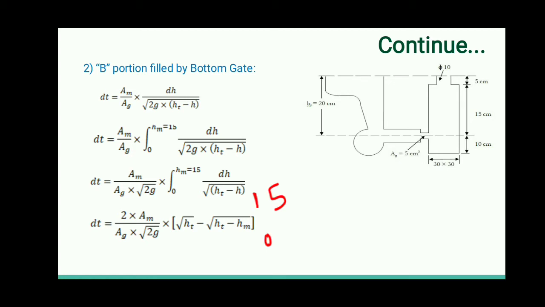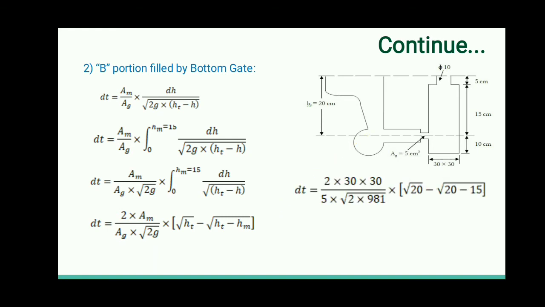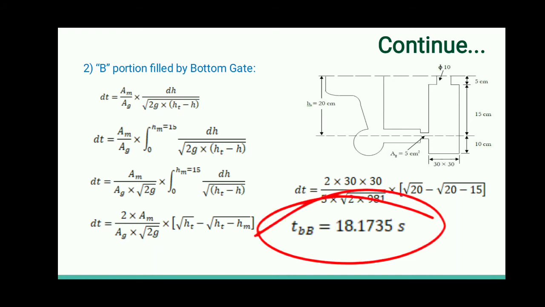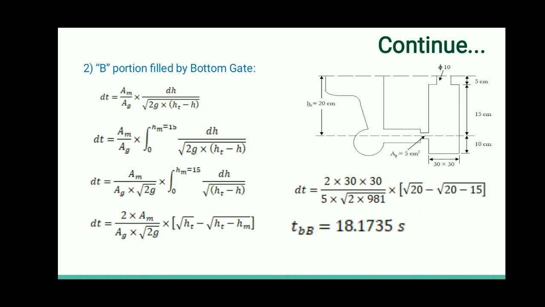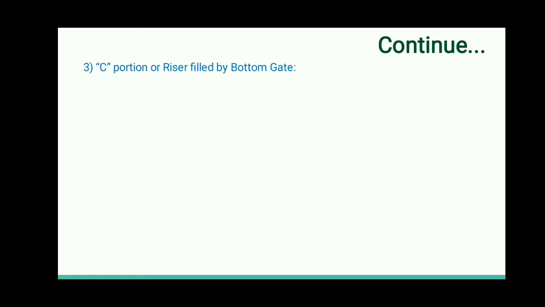The total height HT is 20 centimeter and hm is 15 centimeter. When you put these values, we get TB, the time required to fill the B section using the bottom gate, that is 18.1735 second. Fine. Next we are filling the riser by the bottom gate.